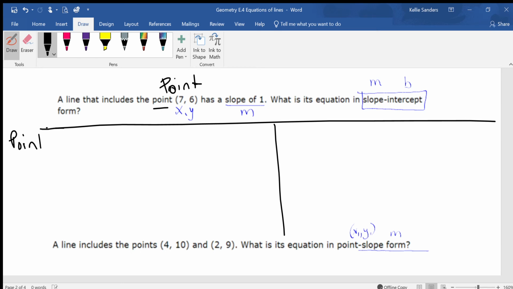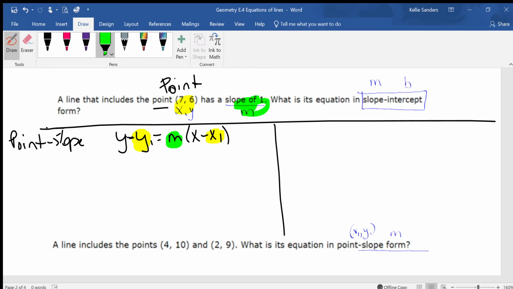Point slope formula, which is y minus y1 equals m times x minus x1. The y1 and the x1 come from your point. The m comes from your slope.